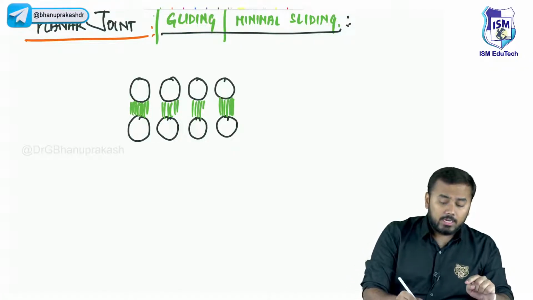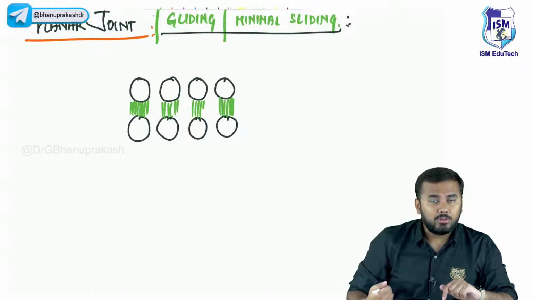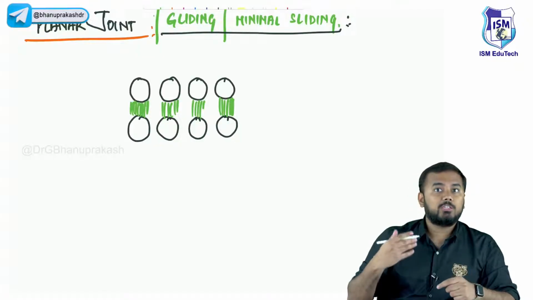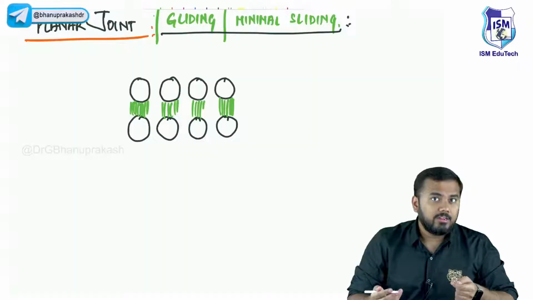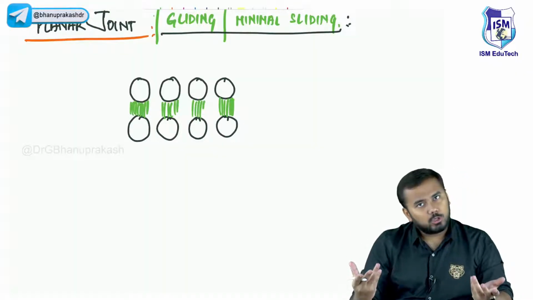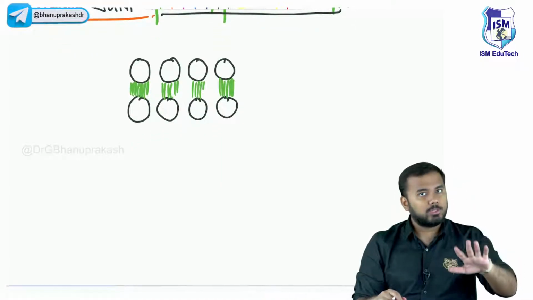So these are carpal bones. Carpal bones are similar to the tarsals in the leg, in the foot, right? There also, the joint between the tarsal bones is called the intertarsal joint. If there is intercarpal, why not intertarsal? There is also intertarsal. So right now I'm giving 2 examples, and later I'll give many more.